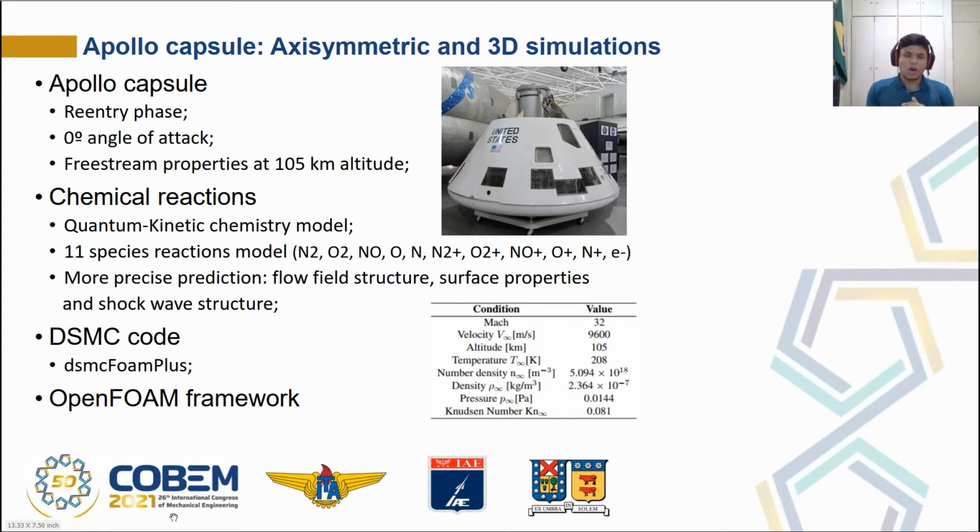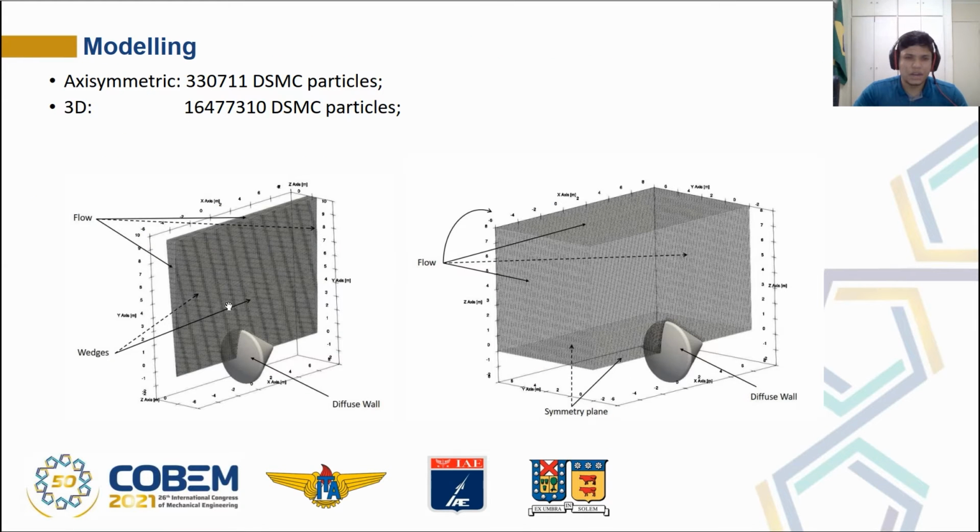used through the OpenFOAM framework. About the modeling, we are not going to enter into further details about the boundary conditions, but we can see there is a high difference between the number of molecules used in the axisymmetric and the 3D simulations. This influences a lot the computational cost of the simulations.